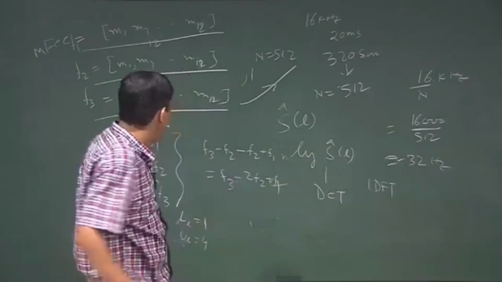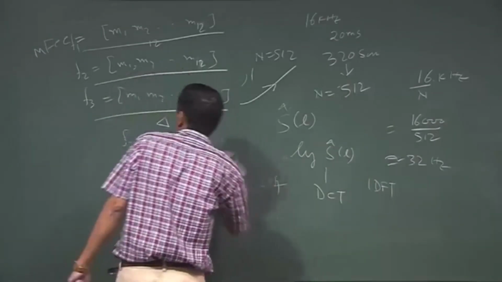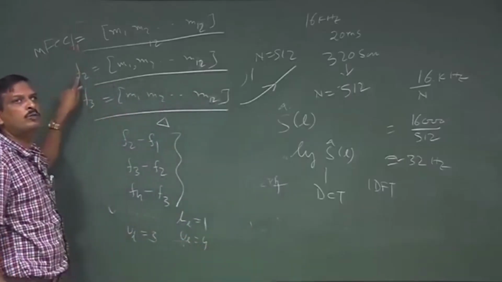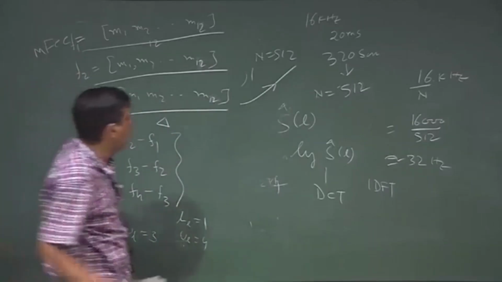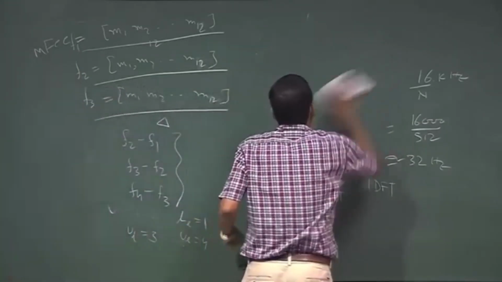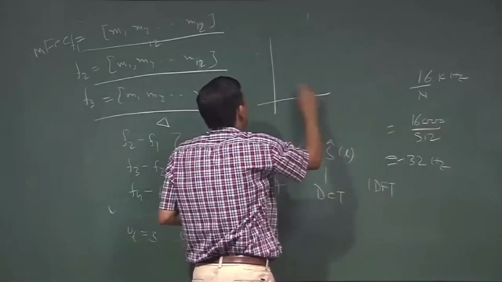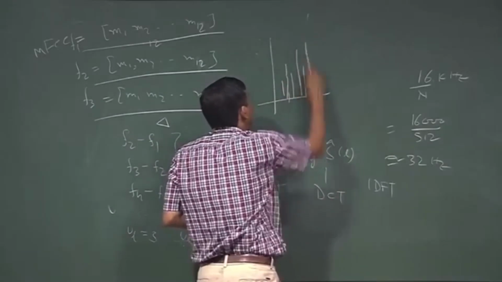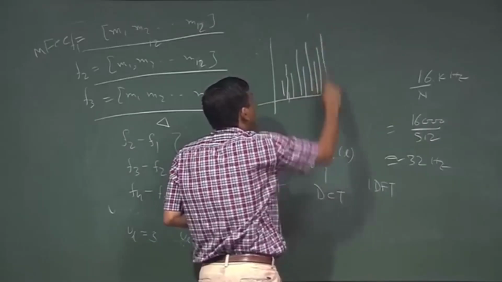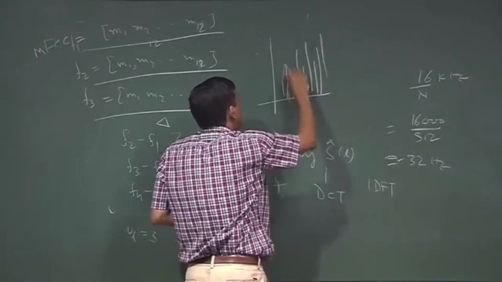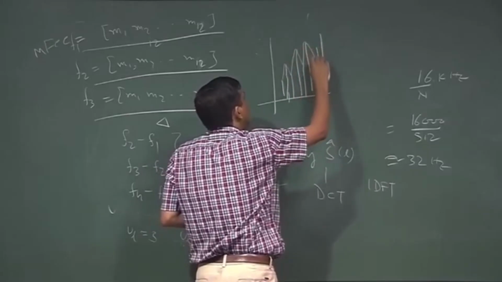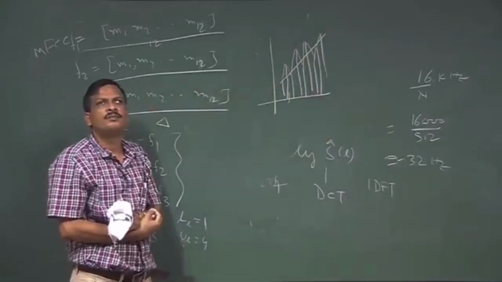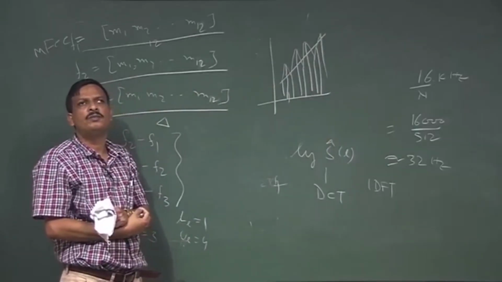Now, if you just calculate the difference, frame 2 minus frame 1 and frame 3 minus frame 2, suppose you have a signal which is randomly varying, meaning the variation is very high. Let us say this one, this one, this one, then this one, then this one. So, you see the variation is very random. If I want smooth variation, what should I do?